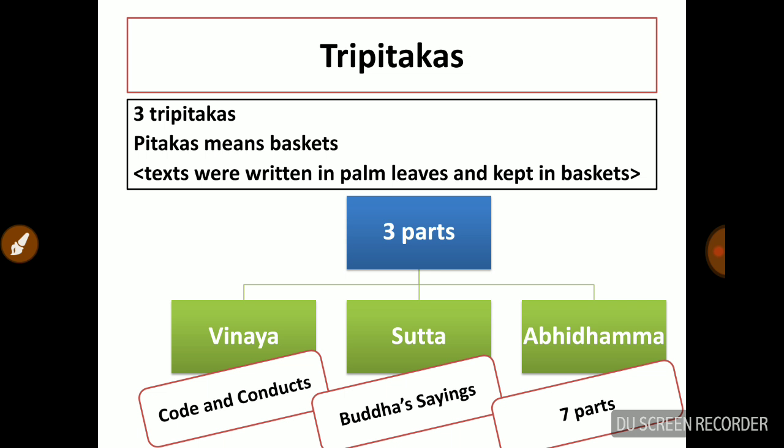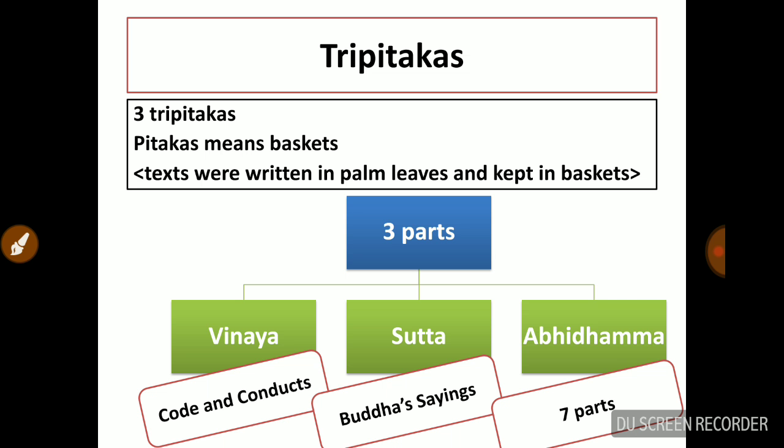Vinaya Pitaka: Vinayam means discipline. It contains the code and conduct that a monk should follow when he is in the Buddhist group. Sutta Pitaka contains the sayings of Lord Buddha, which they kept on leaves in the Sutta Pitaka.